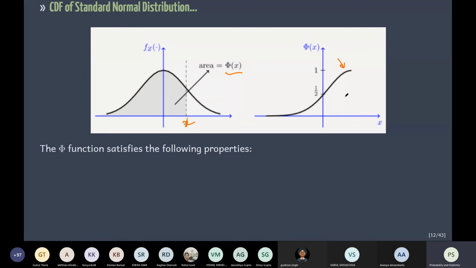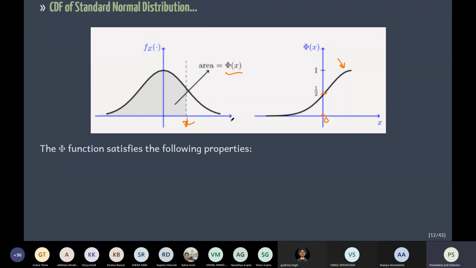Then this will go like this. At 0 it is half, because it's symmetric about the y-axis, and we know that the complete area should be 1. So up to 0 the area value should be half. That's why at 0 it is half, and then it converges to 1.